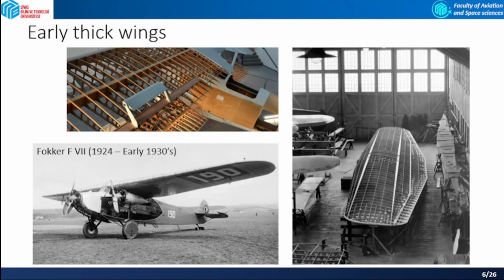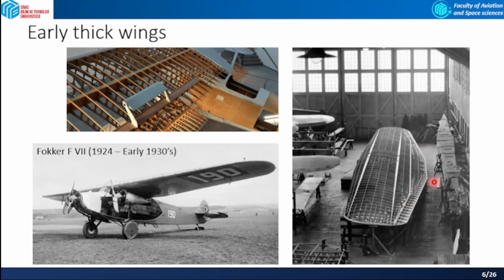And these structures were made of wood, as shown in these pictures. You can see the big spar and all the wing ribs. See the spars and these ribs, and they have many holes, actually you can see in here, to create a lightweight structure.